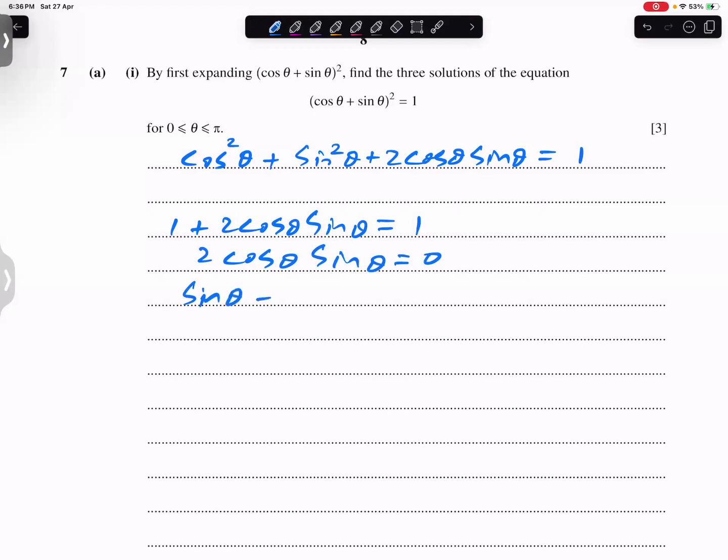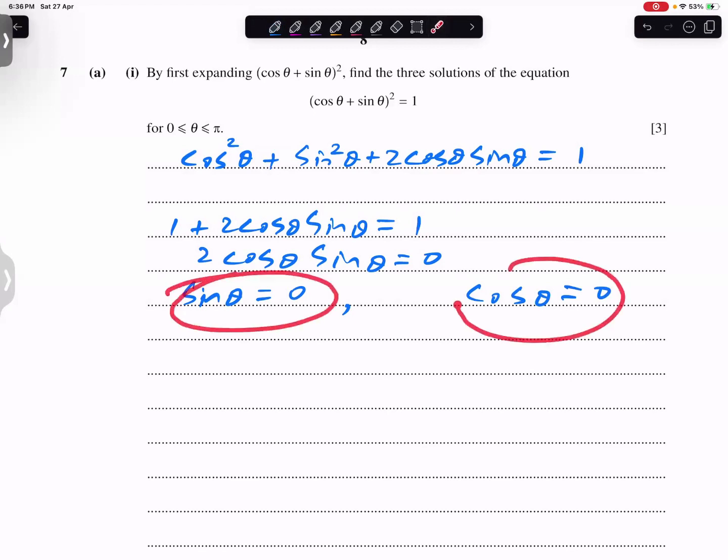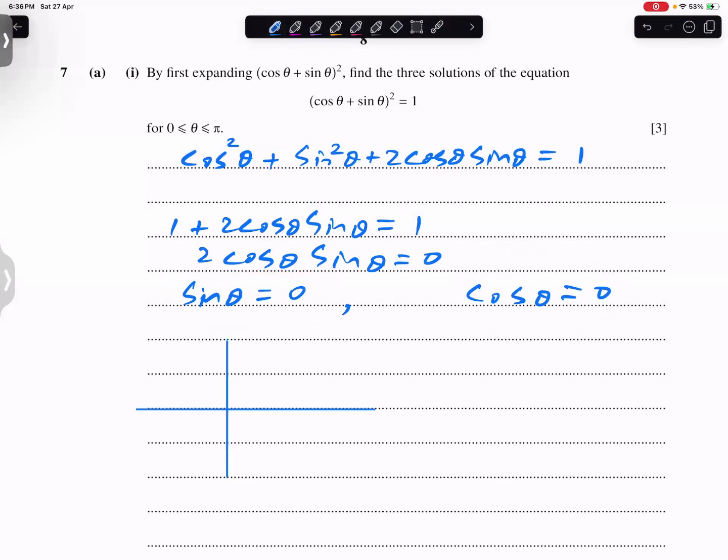So one is sine theta is 0 and the other is cos theta is 0. So as you know that students, whenever sine and cos is 0, you have to draw the original graph. These are the special cases. So you have to draw the original graph of sine and original graph of cos.